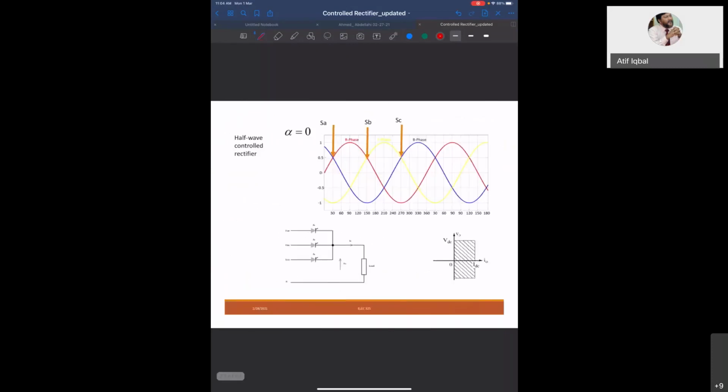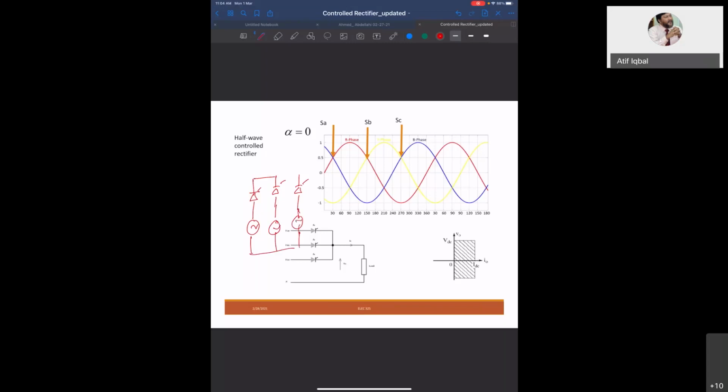Now, let us see the half wave controlled rectifier. Half wave controlled rectifier is like this. You have three thyristors, and they are connected to the three phase supply.